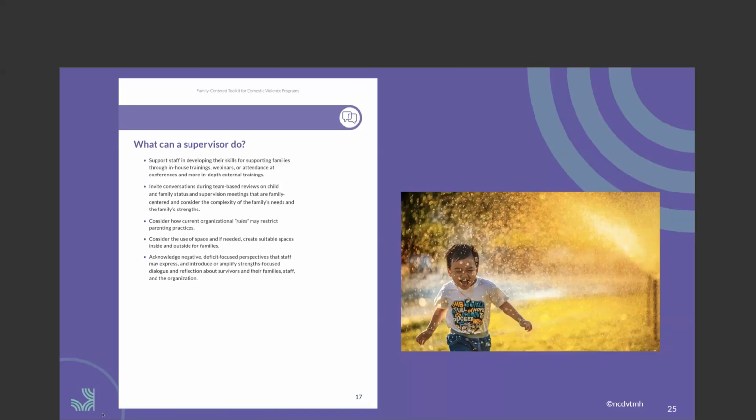Again, each section of the toolkit offers some of these suggestions around what a supervisor can be doing, and how you all can really make a difference.